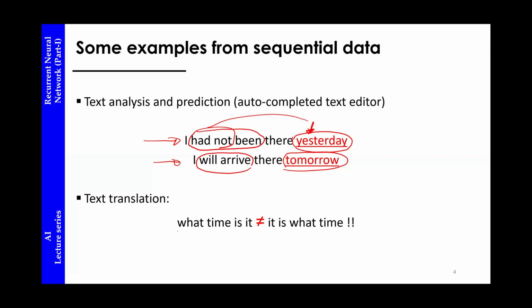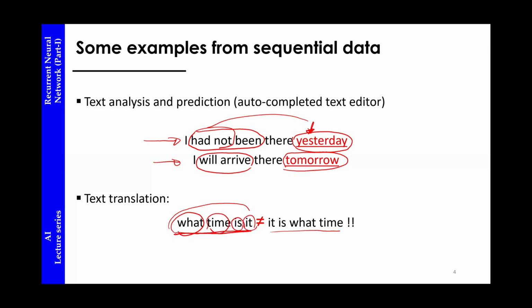translation. If you write "what time is it" in Google Translator, the meaning that you get from Google Translator is very different from this one: "it is what time". You see that by changing the order of the words, we have 1, 2, 3, 4 words here.